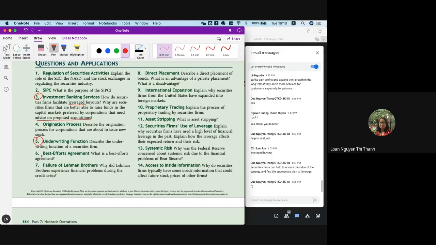And we need to compare the underwriting with the firm commitment and with the best efforts agreement. You connect the 5 and 6 together, and 3 here about the investment banking services.